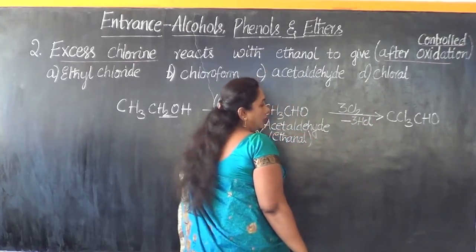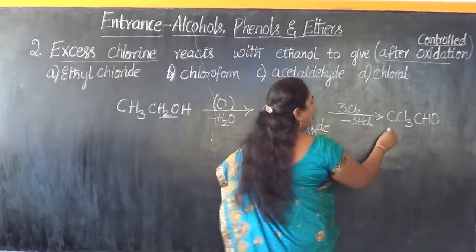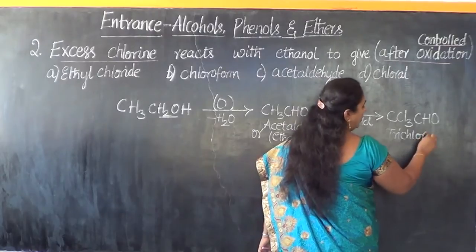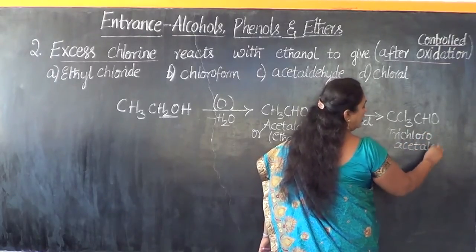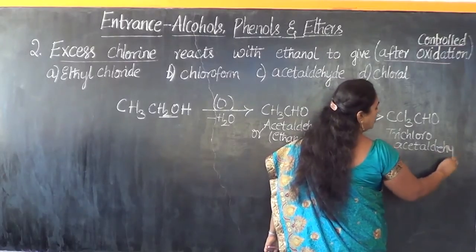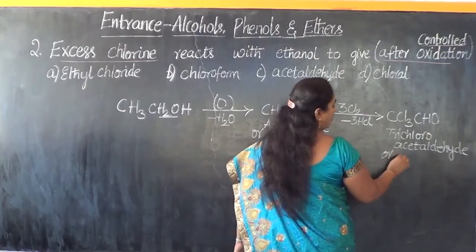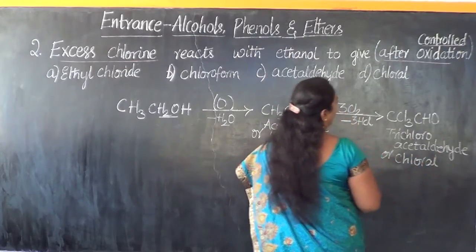So we end up with the formation of trichloroacetaldehyde. Trichloroacetaldehyde. This is what in general we call chloral. Chloral is its very popular name.